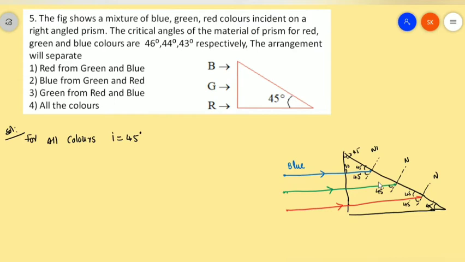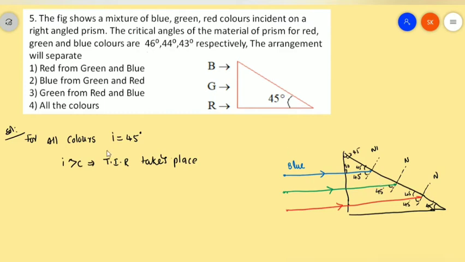If the angle of incidence is greater than the critical angle, then total internal reflection takes place. Now tell me, from the given values, the critical angle of the red color they give is 46.